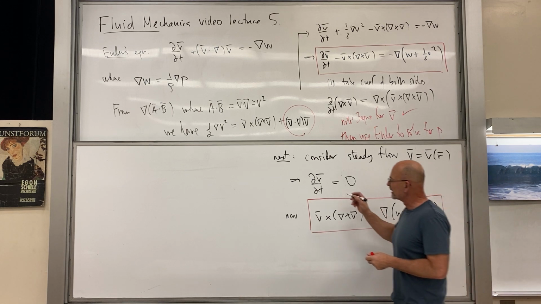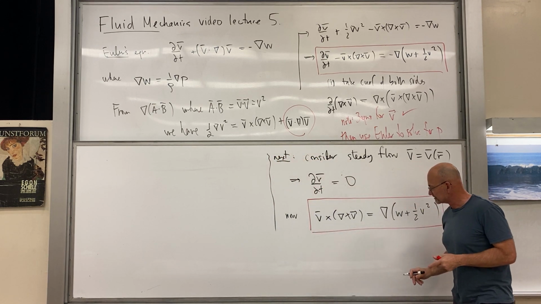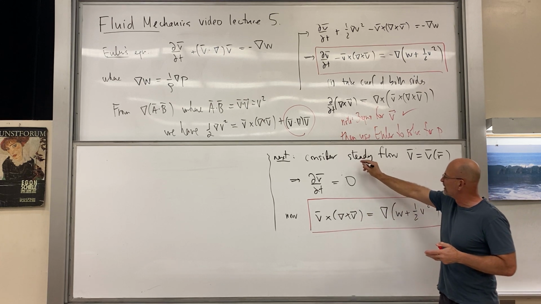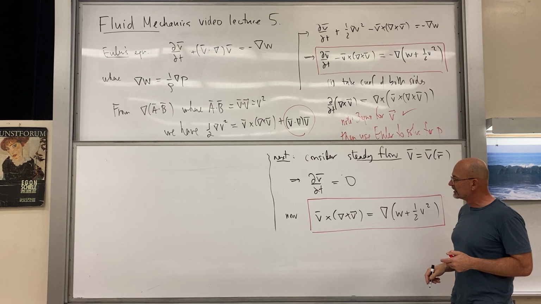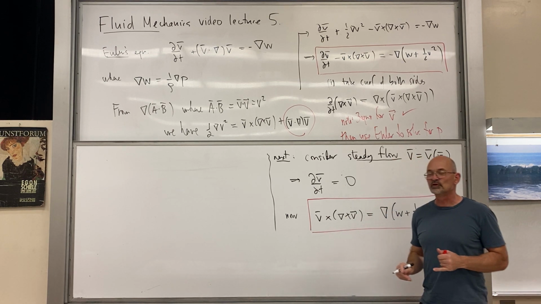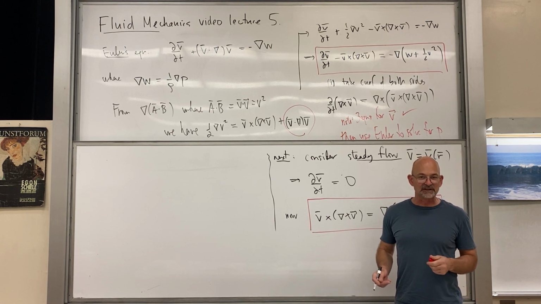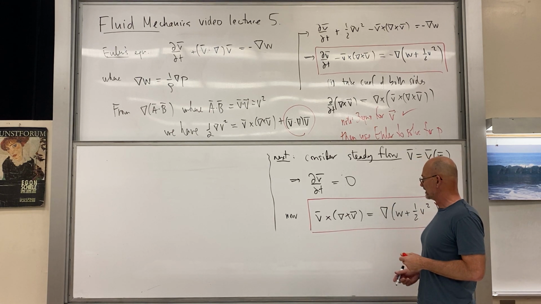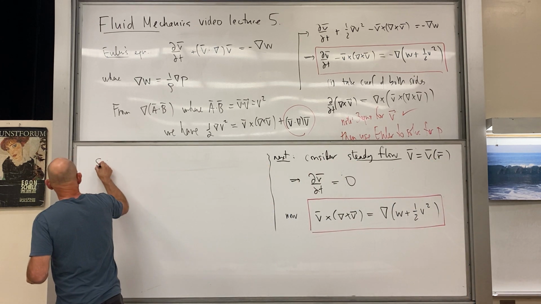So I should say something about streamlines. First of all, this is now, like I said, a steady flow, so we just have a time-independent vector field. And you guys are familiar with vector fields. A streamline is what we're used to thinking of as a field line, if we have a vector field.